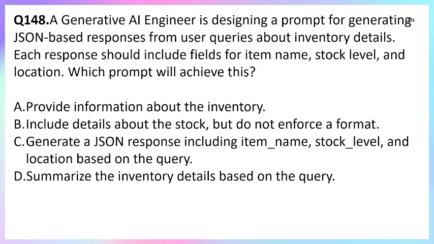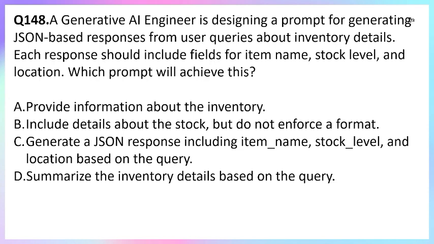Question number 148. A generative AI engineer is designing a prompt for generating a JSON-based response from a user query about inventory details. Each response should include fields for the item name, stock level, and location. Which prompt should achieve this? Option A, provide information about the inventory. Option B, include details about the stock but do not enforce the format. Option C, generate a JSON response including item name, stock level, and location based on queries.